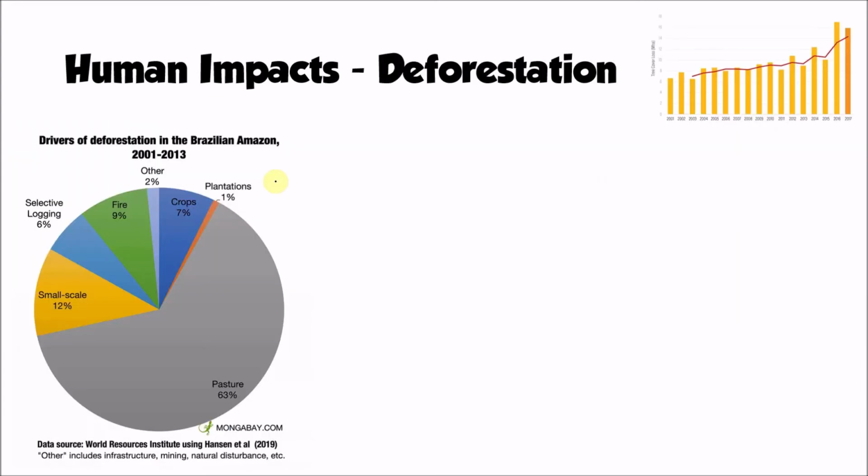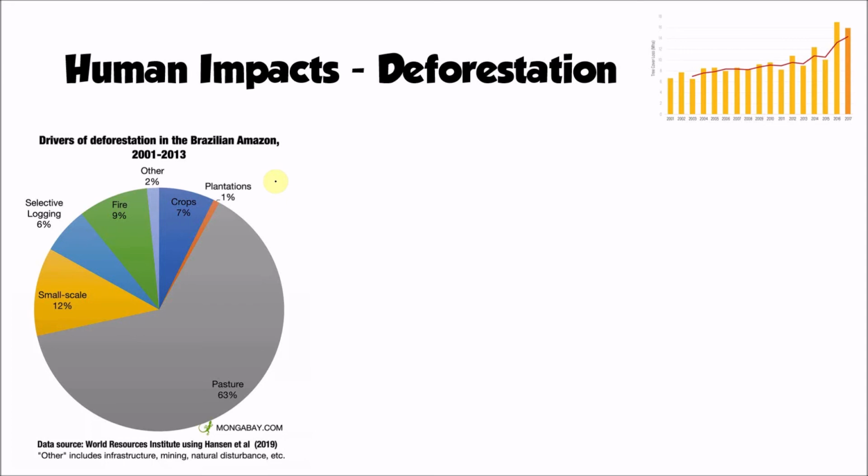Linked with agriculture is also the impact of deforestation. When we look at the graph on the left-hand side here, this shows the main things driving deforestation in the Brazilian Amazon between 2001 and 2013.